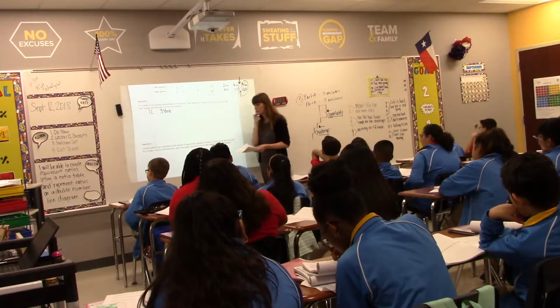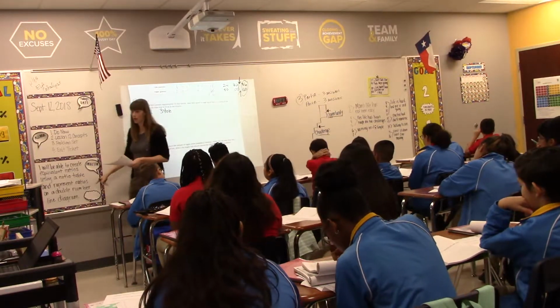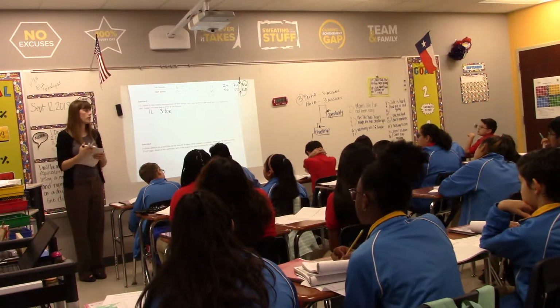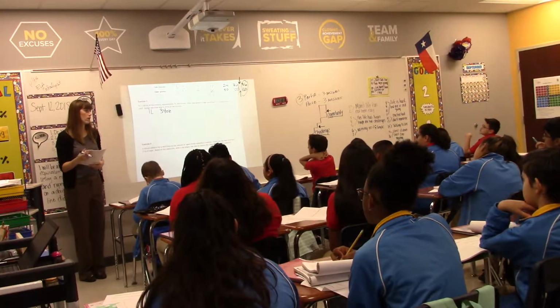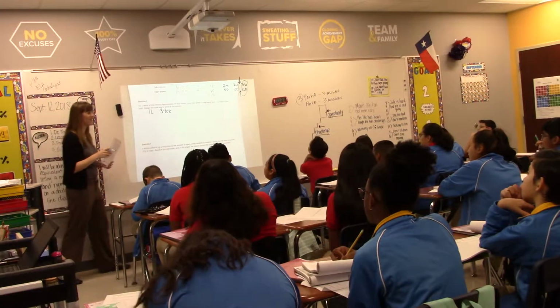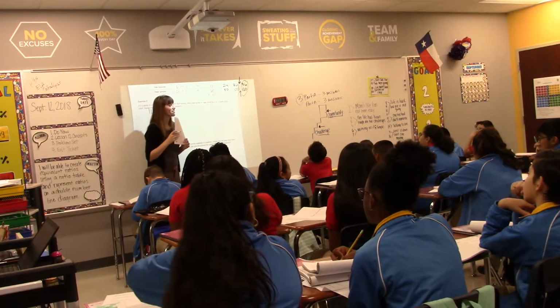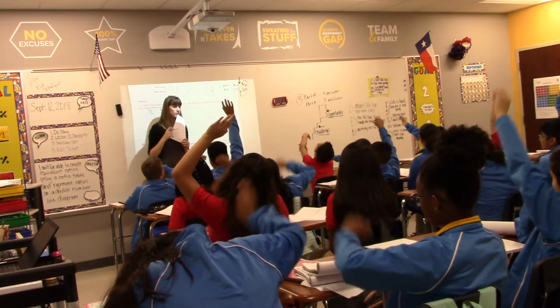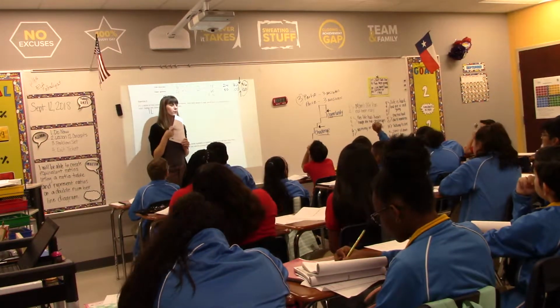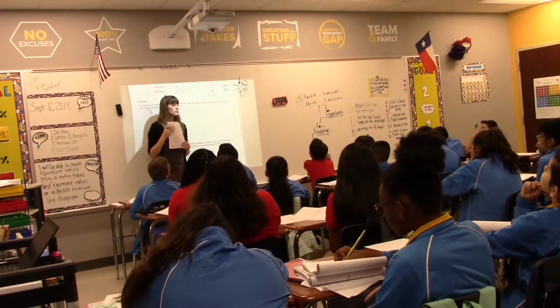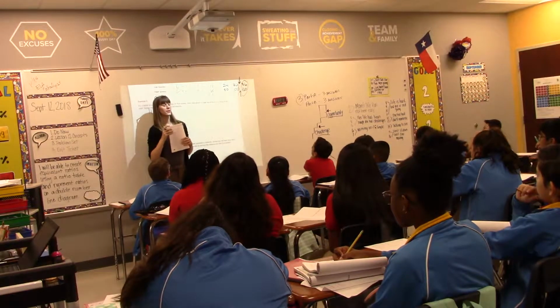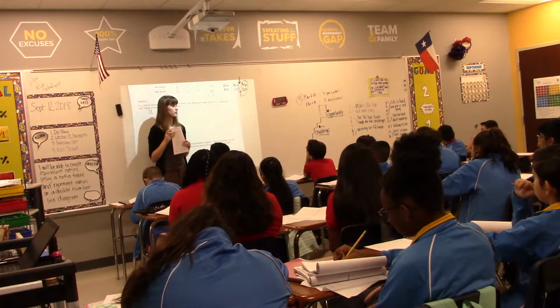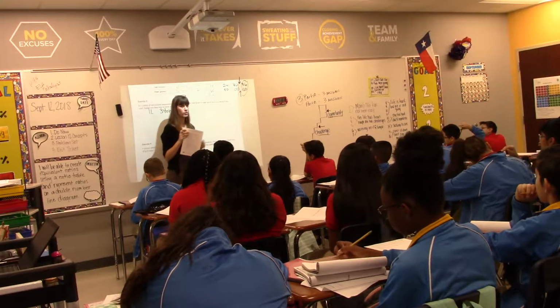Okay, so today we're going to use something called a double number line diagram. Give me 5. Hands down. Take a deep breath. We're learning something new for a reason, right?